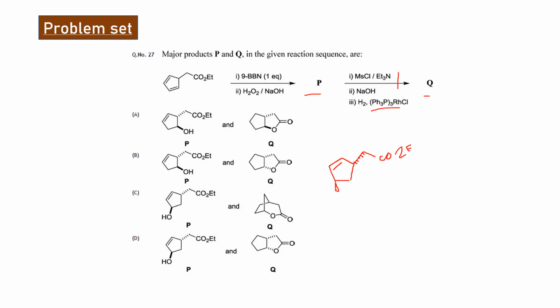So this H will be added here, and boron will be added here. Okay, now in presence of H2O2, NaOH, what will happen?